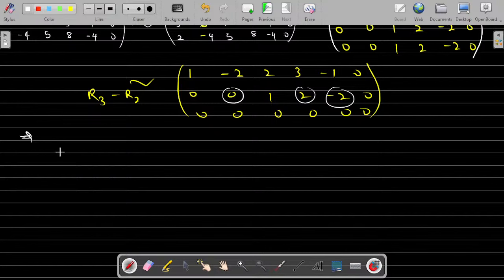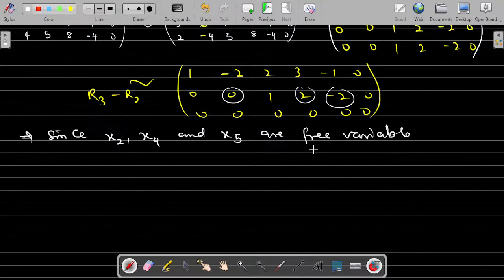And what is that? So we can conclude that since x2, x4, and x5 are free variables, it implies therefore that the dimension of that particular set of vectors given to us, or the matrix given to us, is equal to 3.